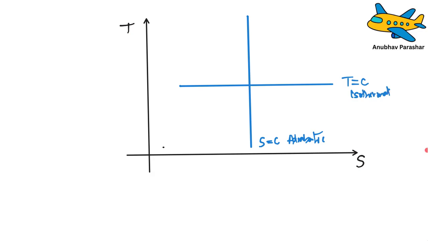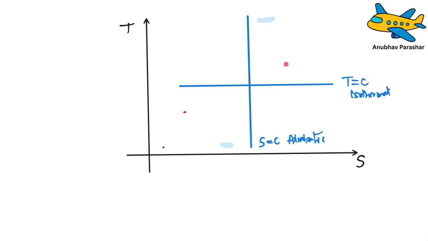Now here the expansion process or compression process will be in the second quadrant or the fourth quadrant, depending on whether you are supplying heat or rejecting heat, right? And the graphs will look like this. This is one of the graphs, right?